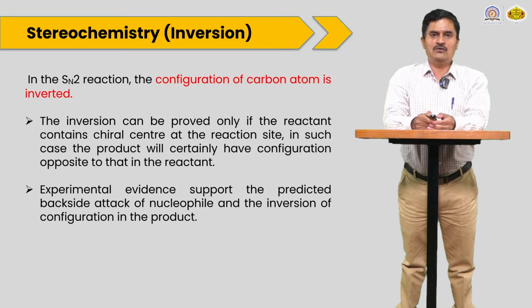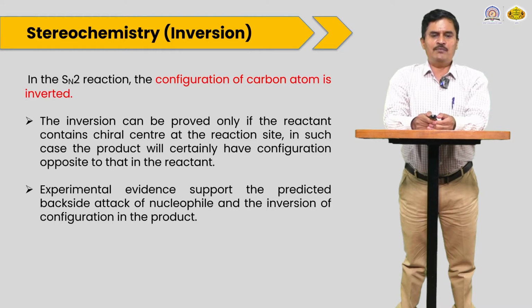Means in the SN2 reaction, there is an attack of the nucleophile from the back side of the leaving group. So there is formation of a transition state and then the transition state converts into the product. Means the attack of the nucleophile must be from the back side of the C-X bond. So that's why there is an inversion of configuration, means in the SN2 reaction there is a 100% inversion.